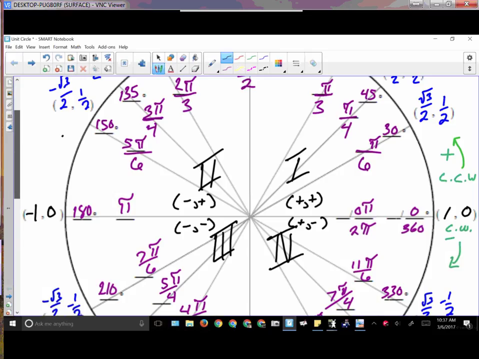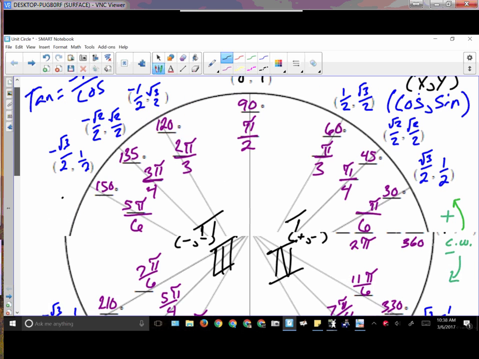If I ask you for the radian measure of sine equal to a half, sine is what? Sine is y. So that means it can be one of two quadrants. It's either going to be in the first or the second quadrant.